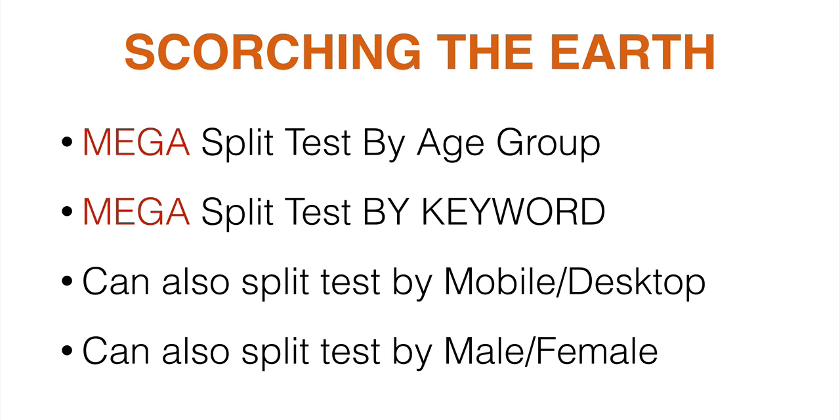Now, you also can split test by mobile and desktop, male and female, but the mega split testing really boils down to age group and keyword, okay? So this is something that you can't do inside of Facebook ads automatically. You can certainly do it manually, but with the software that I use called Quaya, you can automate everything.